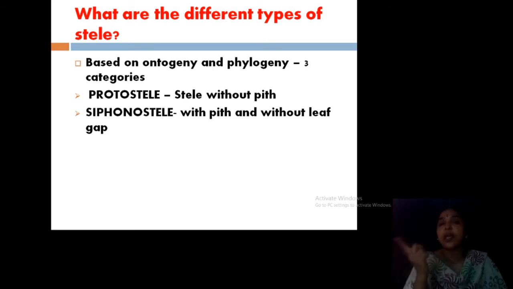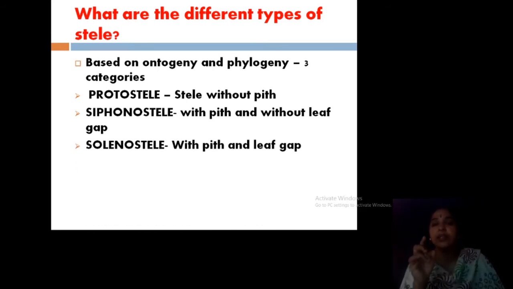And stele with pith and leaf gap is the third category, solenostele, which is actually a modification of siphonostele. Clear? So, protostele means stele without pith. Siphonostele is stele with pith and without leaf gap. Solenostele is stele with pith and leaf gap. These are the three main types of stele.